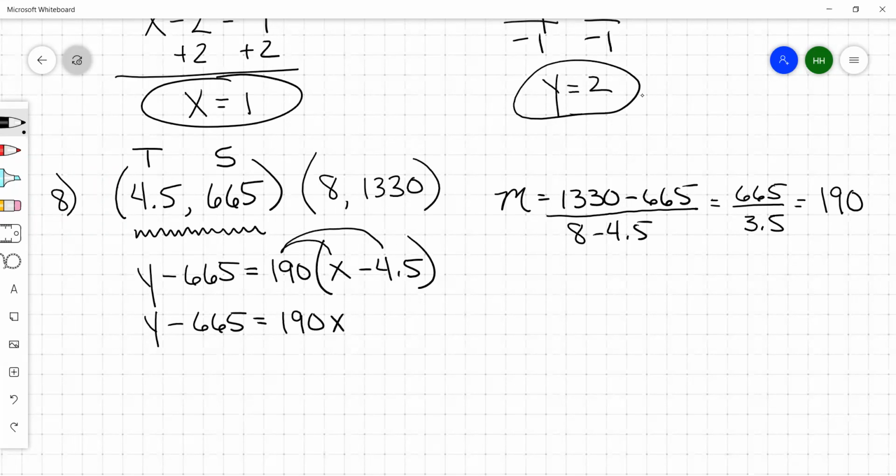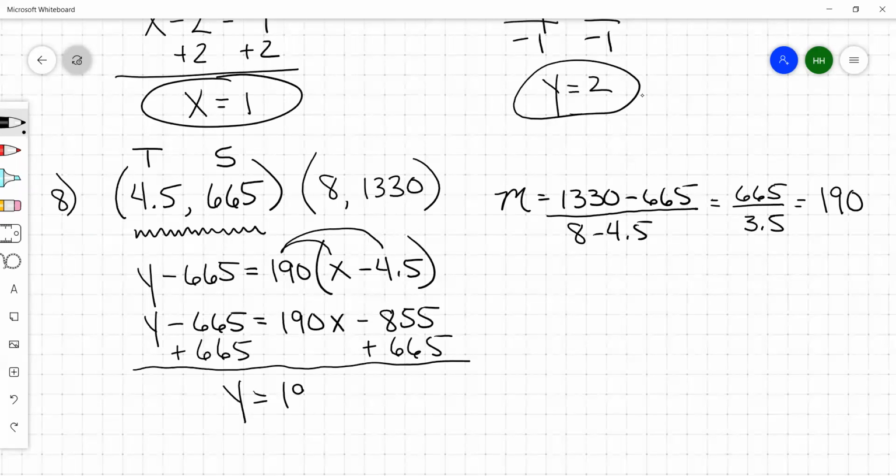If we distribute this slope, we get 190x minus 855. If we add 665 to each side, then y is equal to 190x minus 190.